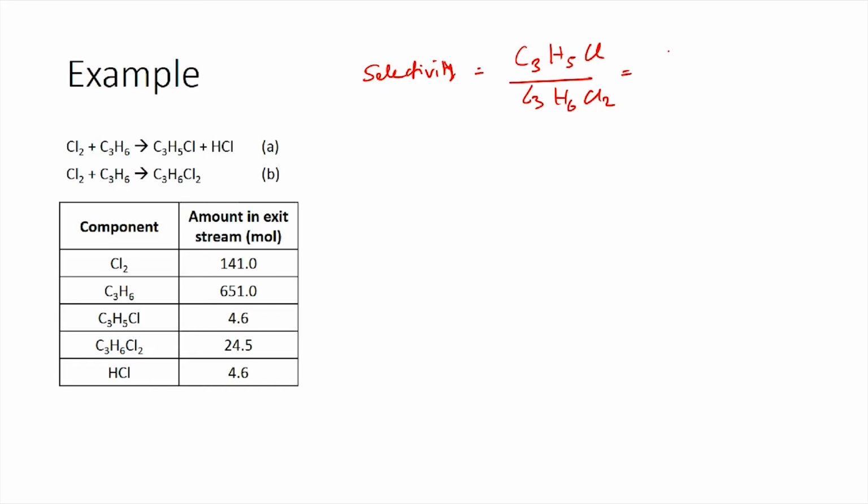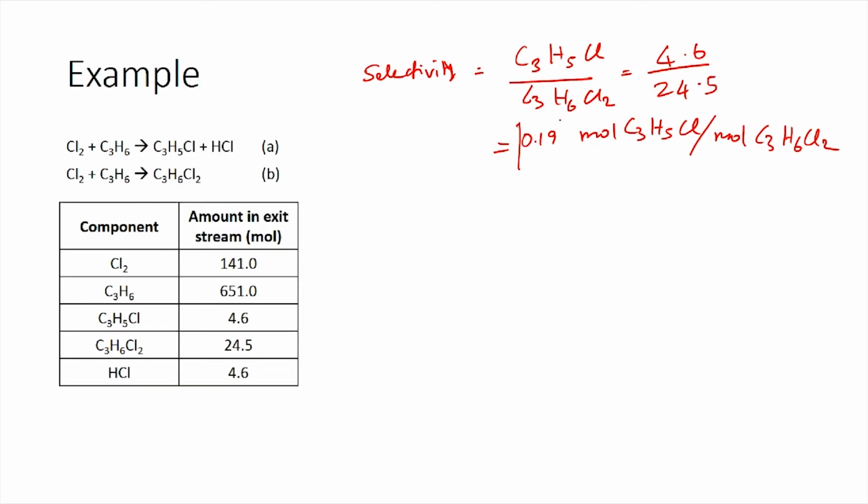So, which gives you a value of 4.6 divided by 24.5, which is 0.19 moles of C3H5Cl per mole of C3H6Cl2. So, this gives you the selectivity for one product over the other.